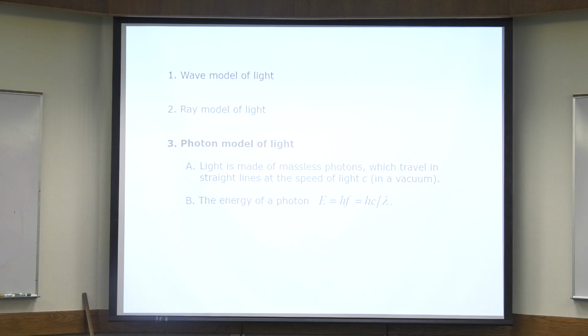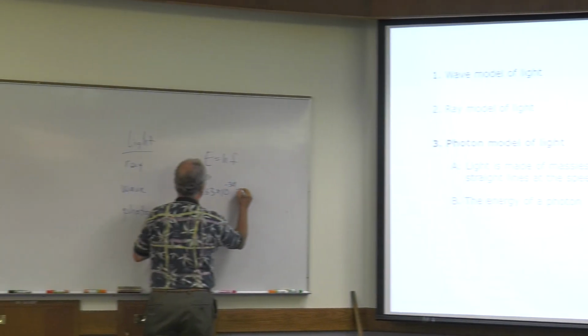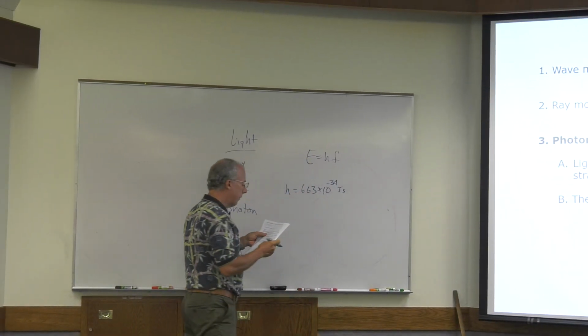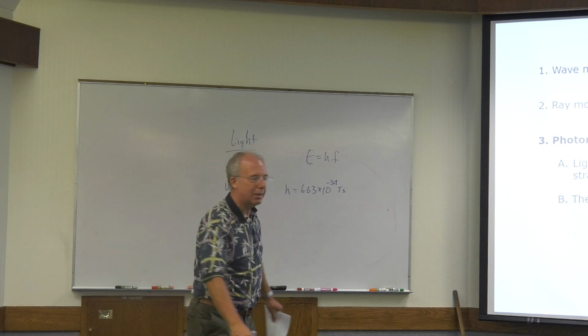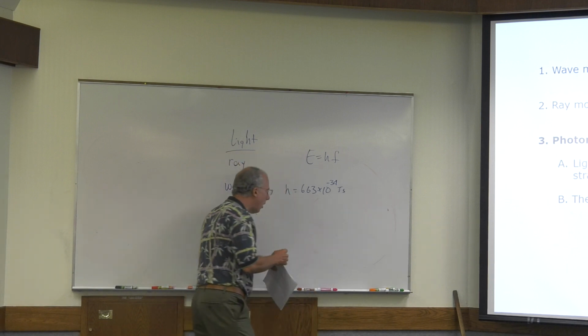It's super, super tiny. And what does super tiny mean? So E equals hf, where h is 6.63 times 10 to the minus 34 joule seconds. Now, if that's not tiny, I don't know what is, right? 10 to the minus 34.